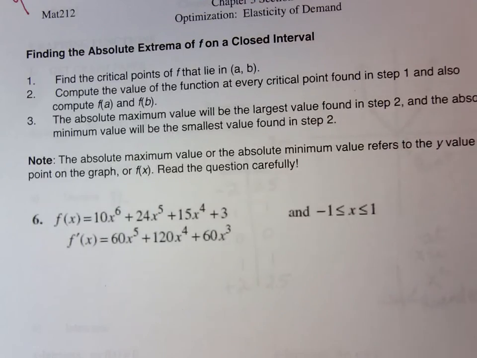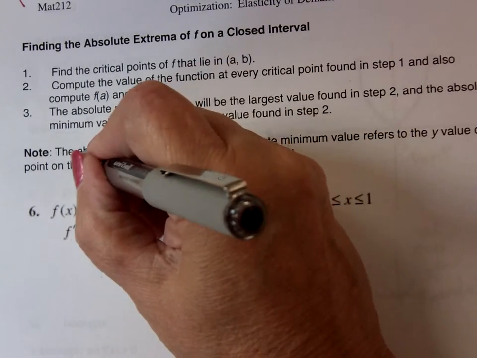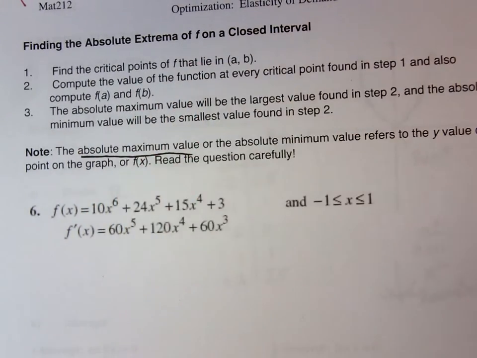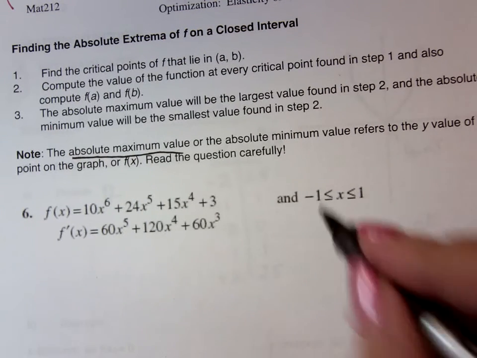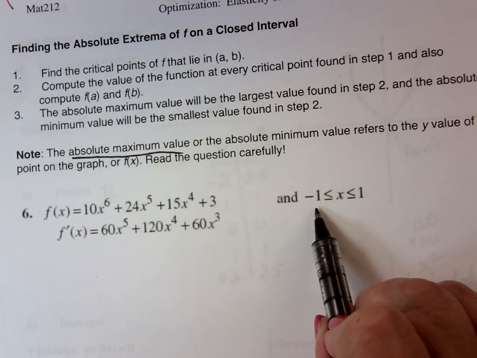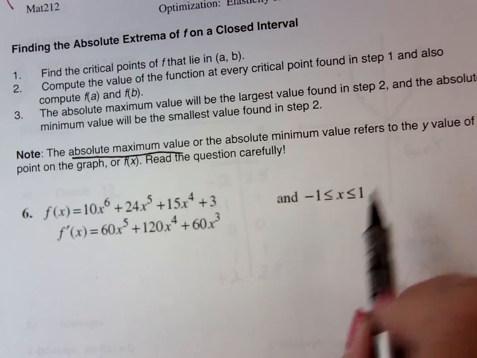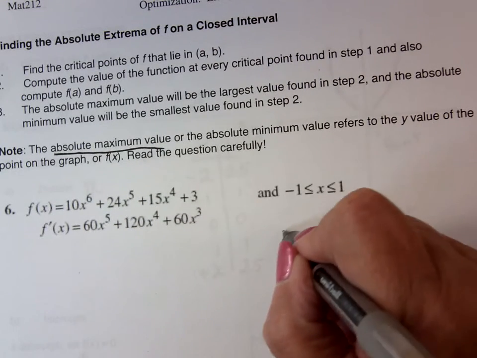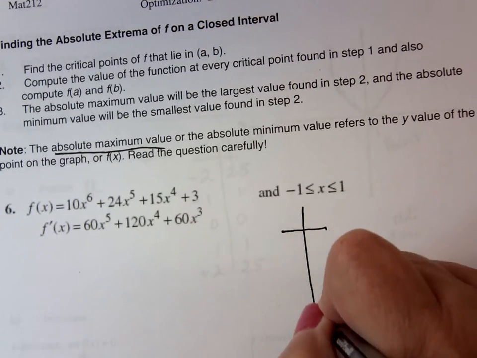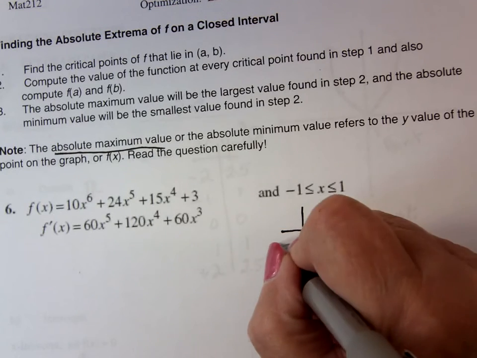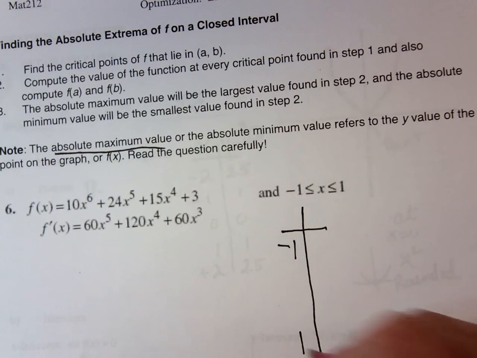So, it says find the absolute maximum or minimum. The first thing I do is I notice I'm between -1 and 1. So I draw my t-bar chart and I put -1 and 1.